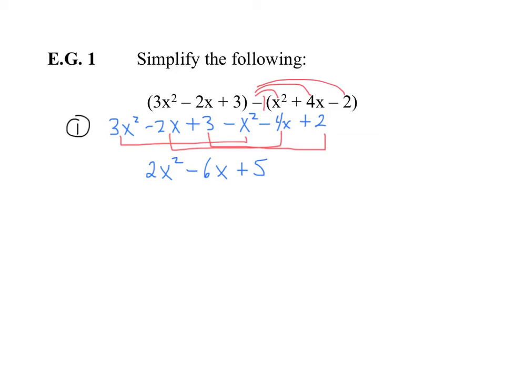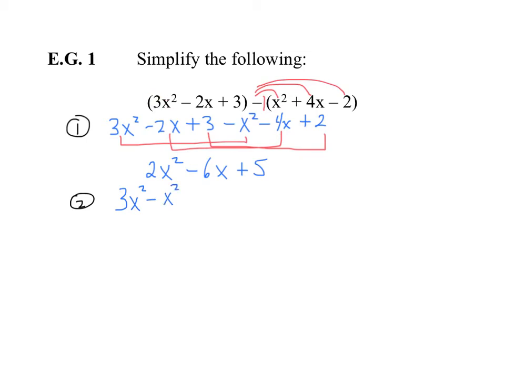The second method is to actually distribute the negative at the same time as pairing up the like terms. So here's what I mean by that. Starting left to right, 3x squared minus the x squared. So you're basically looking for the match, if there is one, immediately and writing those two together.